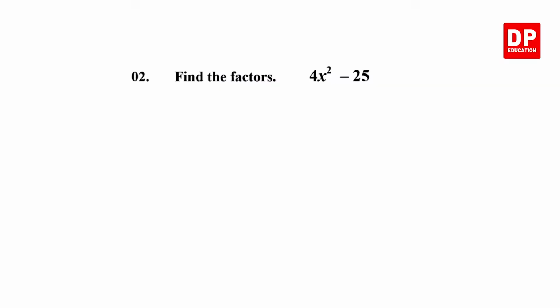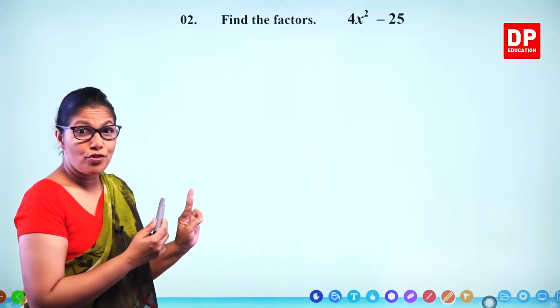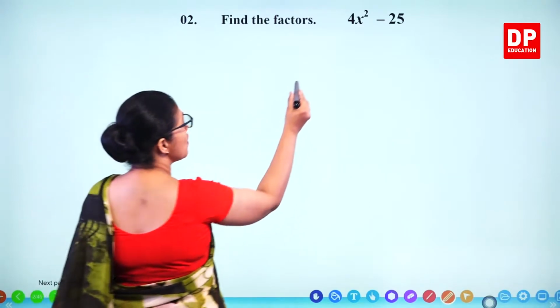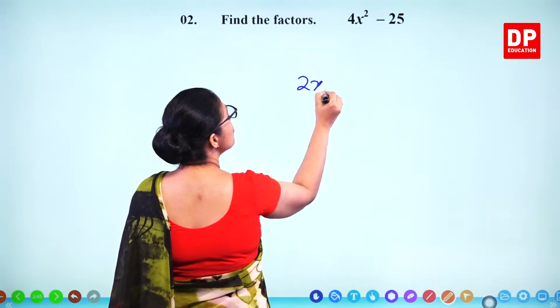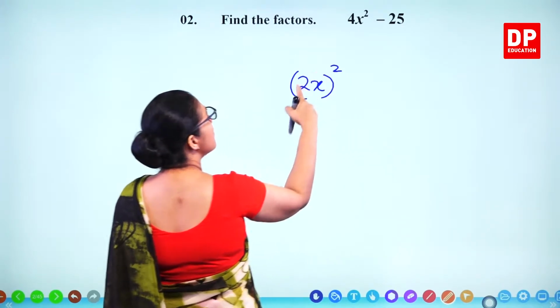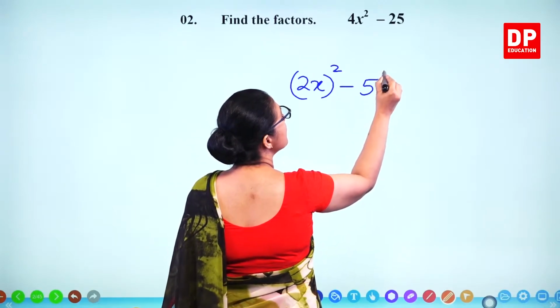Question number 2, find the factors. Here 2 terms are there, and you can write them as square terms. I can write 4 as 2 squared, so (2x) whole thing squared. This becomes 4x squared. 25 is 5 squared.